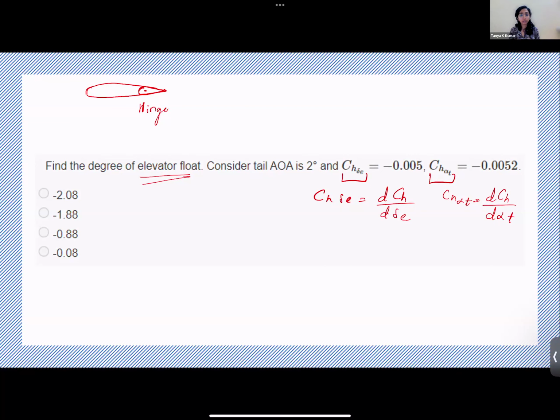So now let's write down the equation for hinge moment. Coefficient of hinge moment is, it should have a CH naught, but since we use symmetrical airfoils, the CH naught usually goes to 0, okay? Plus CH delta E into delta E plus CH alpha tail into alpha tail. So now from this equation, can you tell me how you find out elevator float? It's the point where the elevator is allowed to freely float.